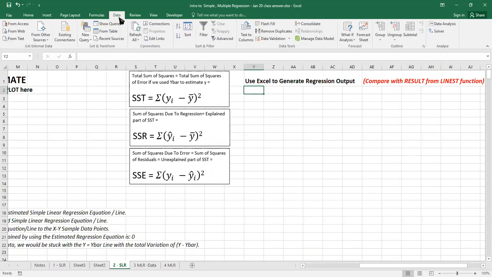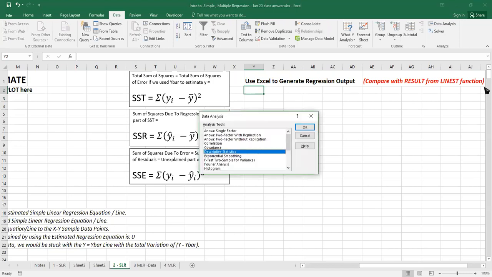data analysis here. And then itong data analysis natin guys, so there are several functions here. May ANOVA, correlation, covariance, descriptive stat, and then going below we have here regression. Okay, so yeah, let's use this regression, then okay.